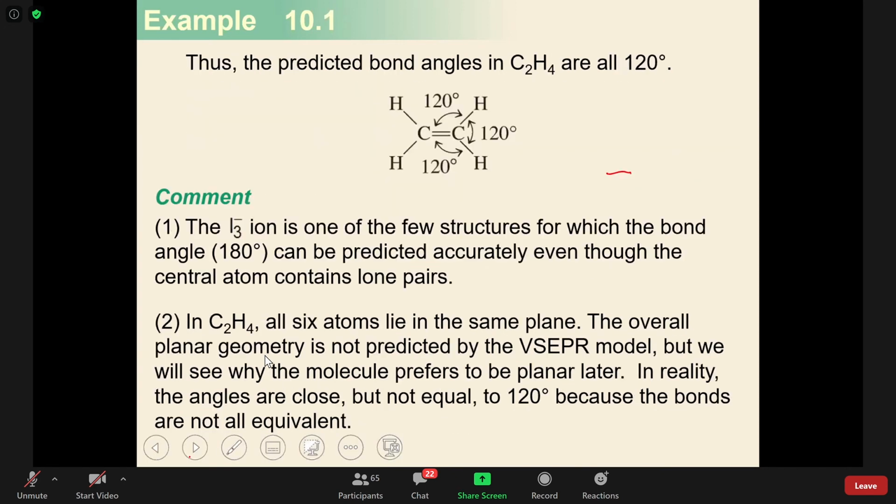So trigonal planar for both carbons. Everything in this molecule is in the same plane. It is a flat molecule. So this is kind of an interesting point that we're going to return to.